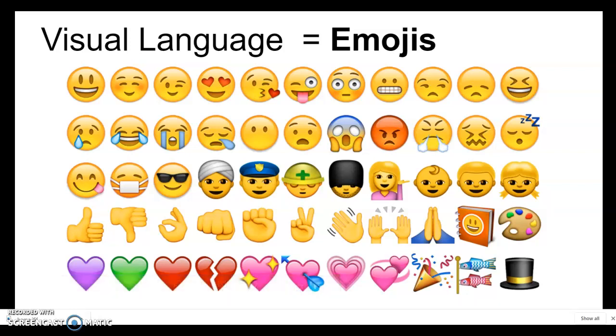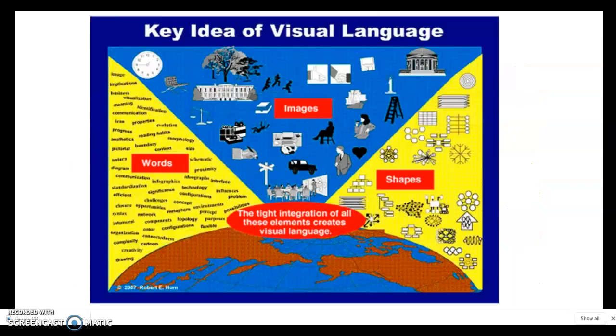These are fun to text and email with. These are called emojis. So visual language, it's words and images and shapes. They're all part of visual language, what we see and what we understand with our mind.